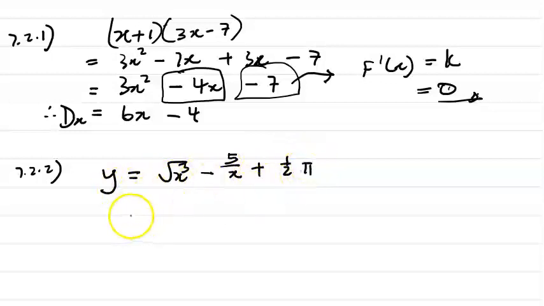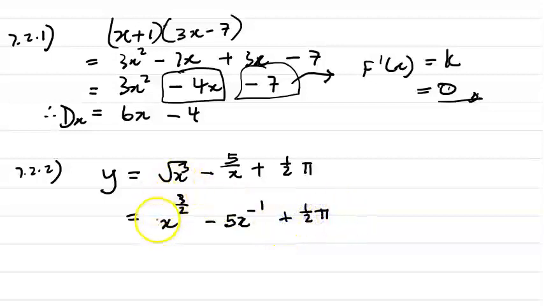Now this is y, so let's now sort this out. So the square root of x cubed will be x to the 3 over 2, and here minus 5 over x is now going to equal minus 5x to the minus 1, and here we're left with plus half pi.